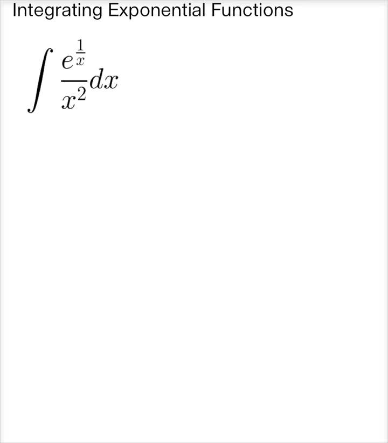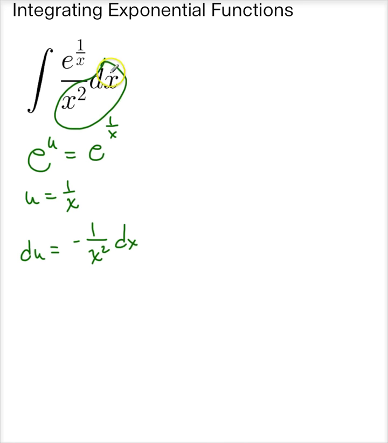Now, this one is a little bit more complicated. Let's let e to the u equal e to the 1 over x. So that basically I'm saying let u equal 1 over x. Du is equal to minus 1 over x squared dx. So now I have dx over x squared.